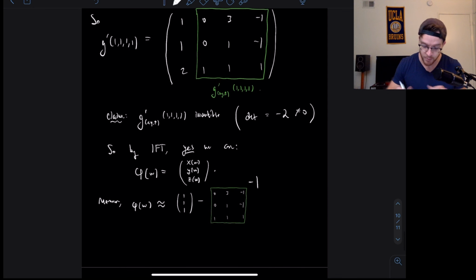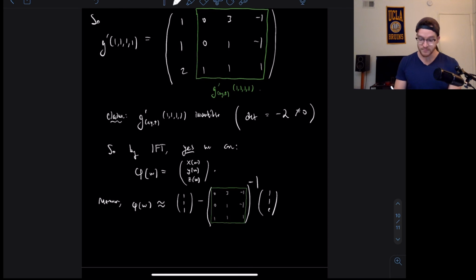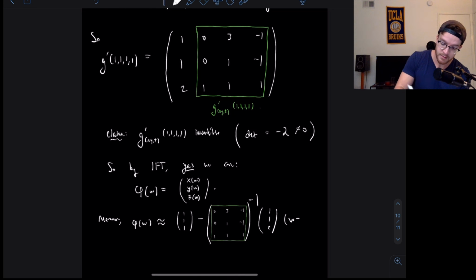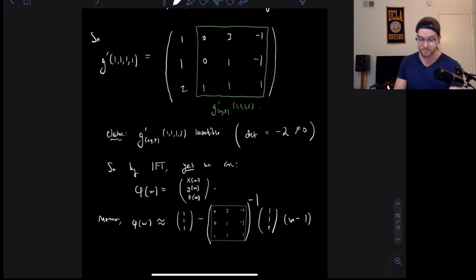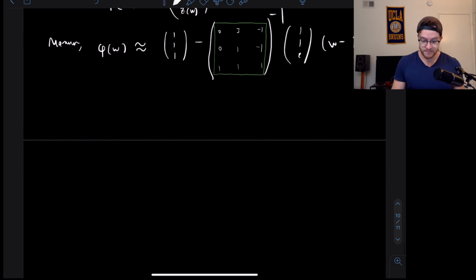So that's 1, 1, 2, times our linearized variables. Oh, sorry, we only have one variable. So this is w minus the w value, which is 1.